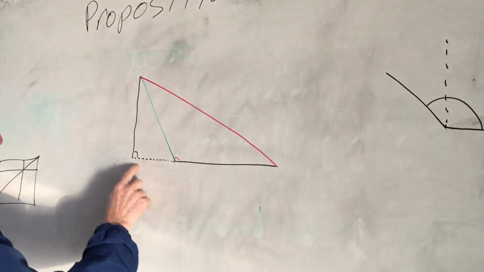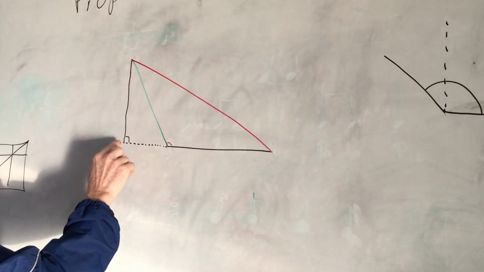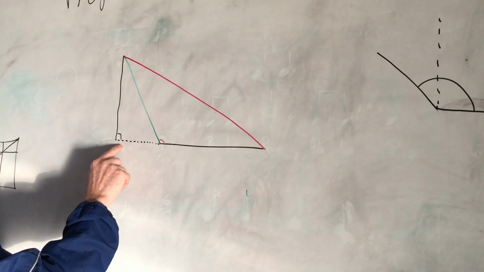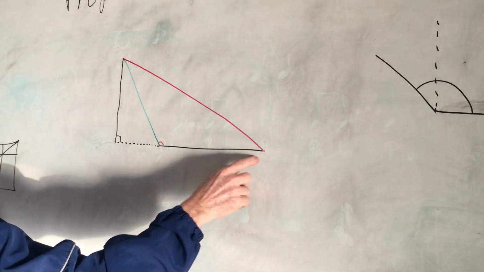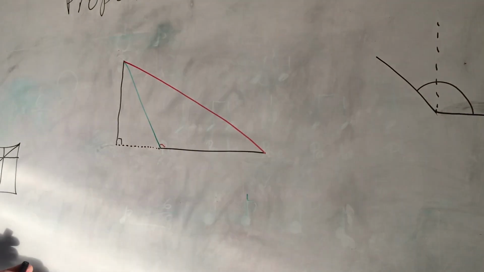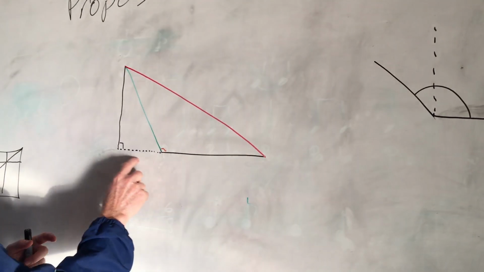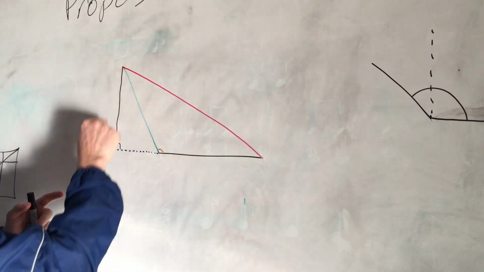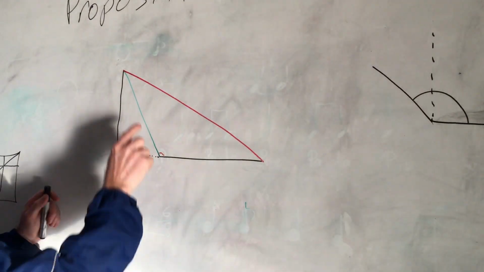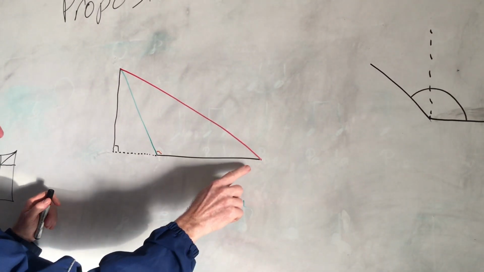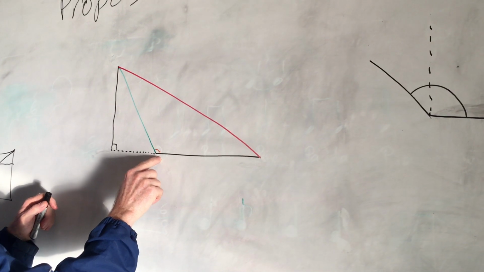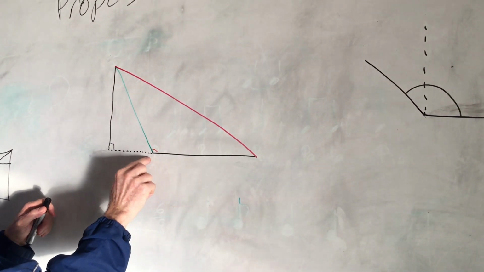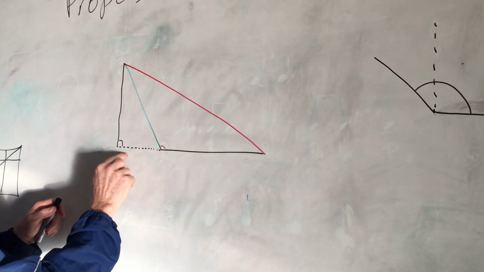Therefore, the square on this plus the square on this is equal to the square on this plus the square on this plus the square on this plus twice the rectangle contained by this and this.